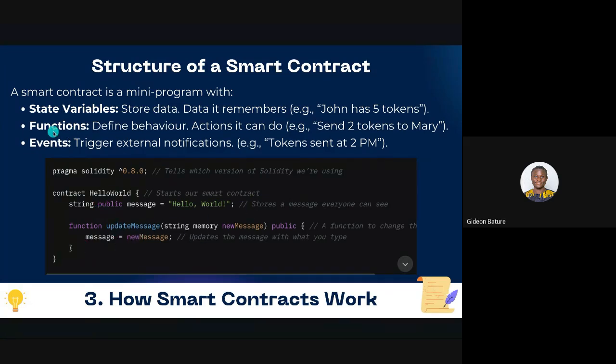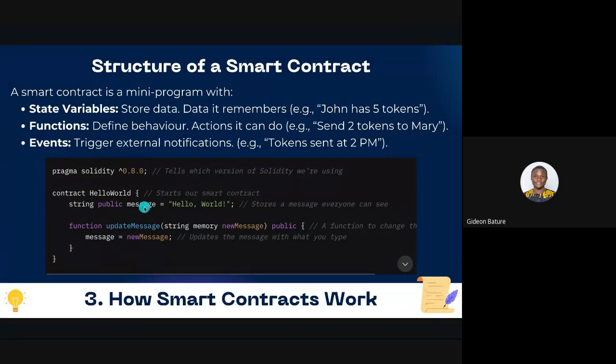So the next one is functions. They say functions define behavior. Now this is a function. And if you look clearly, what is this function doing? This function is updating the state of this variable. In this state, the variable message is storing hello world. But this function is updating that state, accepting a new message, right?